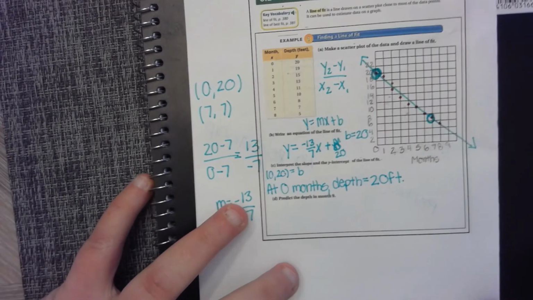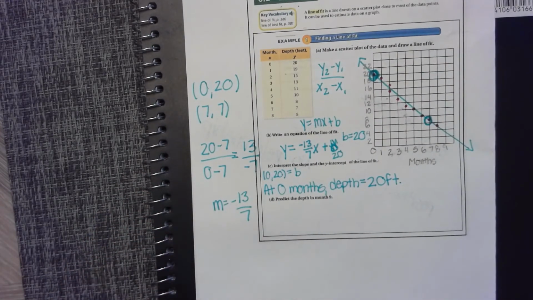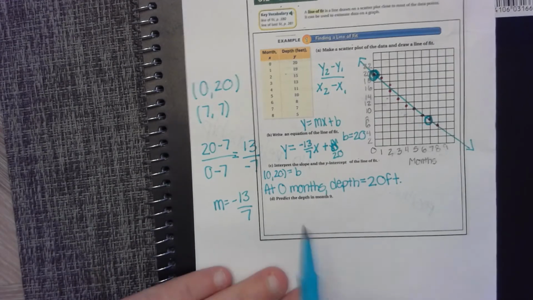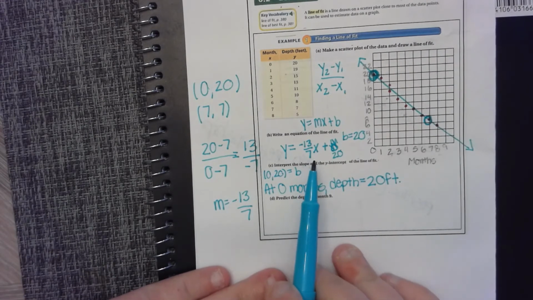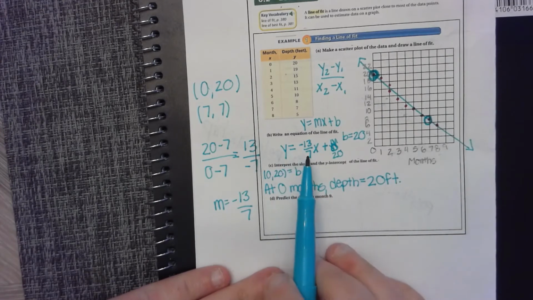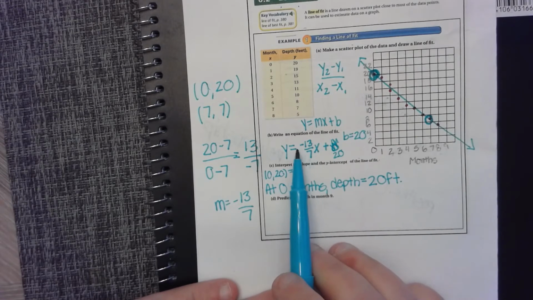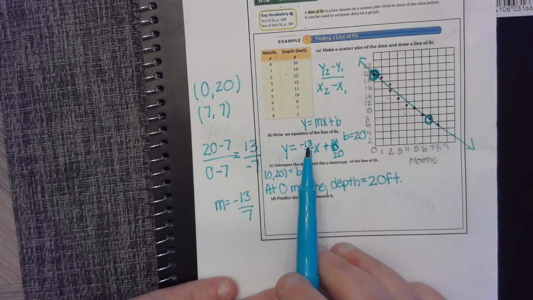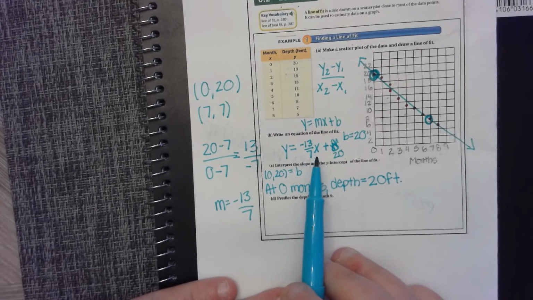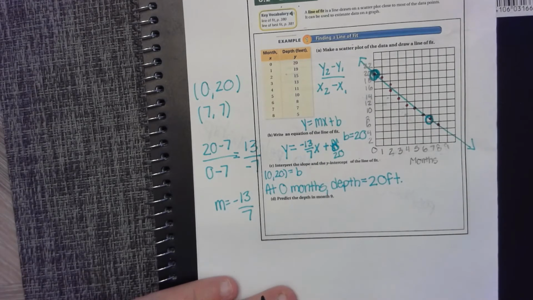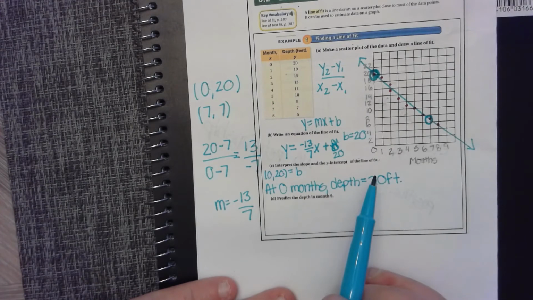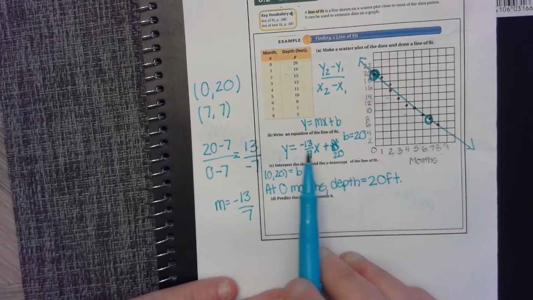Now, if you're interpreting the slope, you can do it a couple of ways. You can either say that every 7 months, you have about a depth of -13, which would mean that we take away 13 from 20, which actually gives us 7.